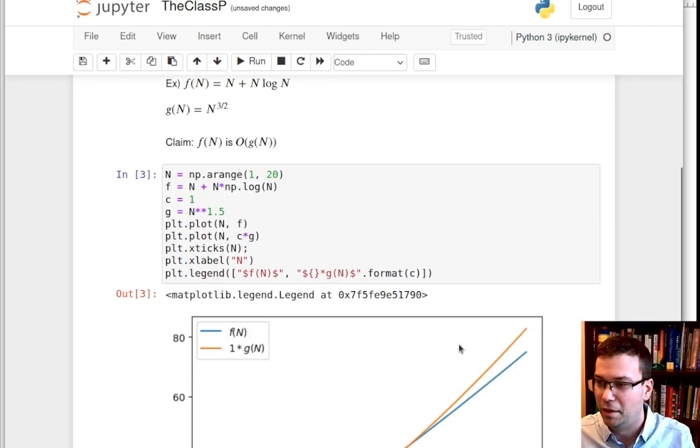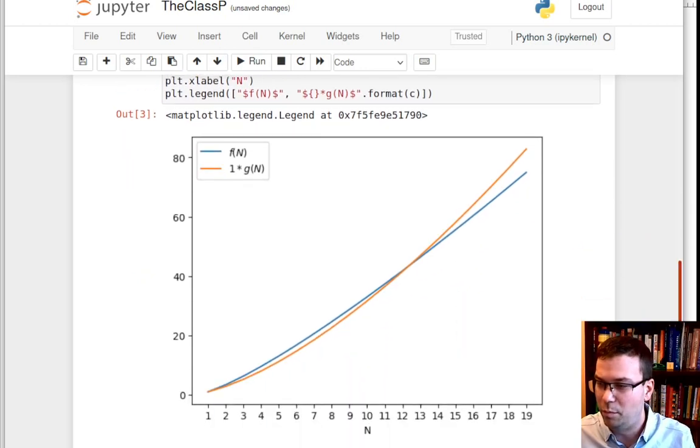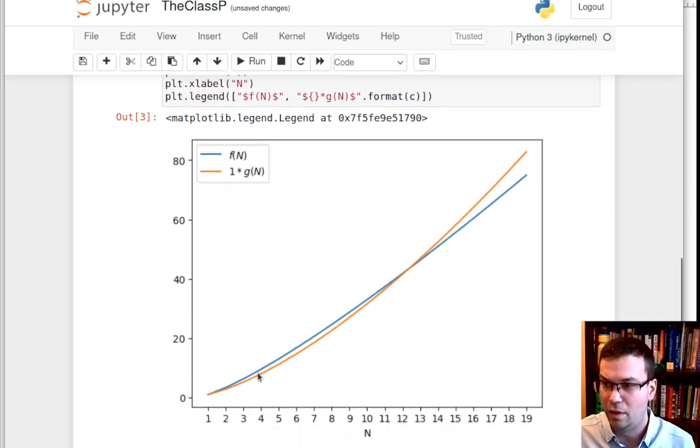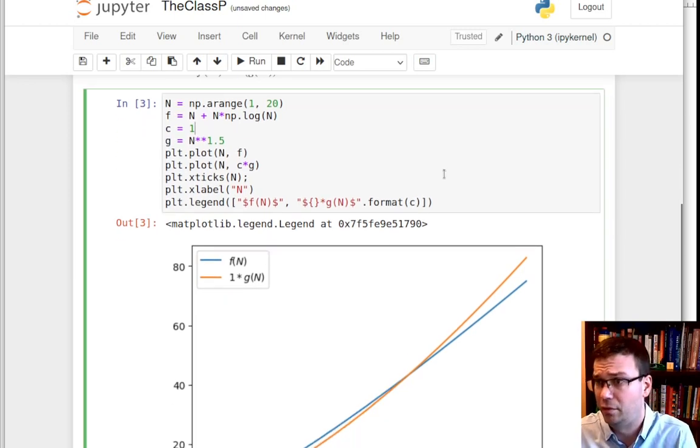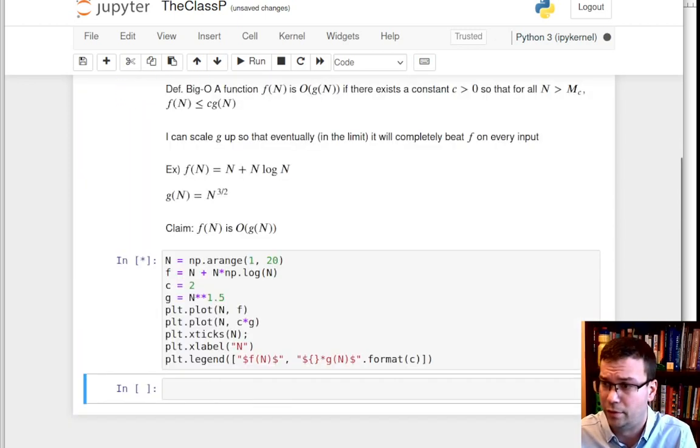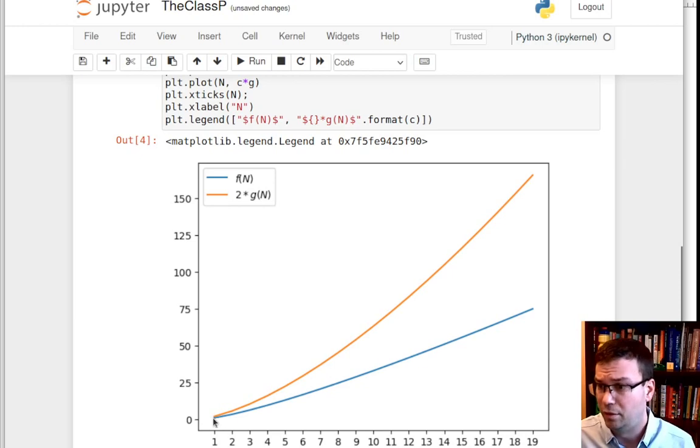Now, what the formal definition of big O is saying is if I plot f and I plot g times some constant, in this case I'm just making the constant 1, then eventually that constant times g will overtake f. And so g dominates f in that sense. I can make it happen even faster if I make the constant larger. If I made the constant 2 here, then it looks like it dominates from the get-go.